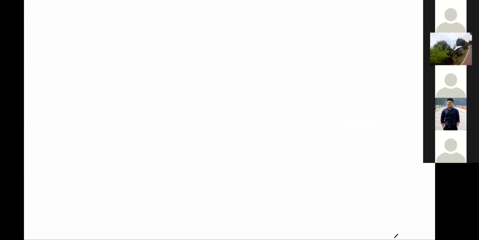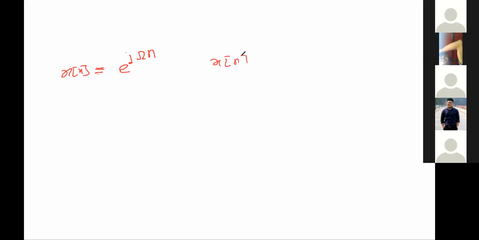Consider that we have a signal, say e to the power j omega 0 n. This is our x[n]. If it is to be periodic, then for some number of samples n0, x[n plus n0], you can replace the exponent by n plus n0.